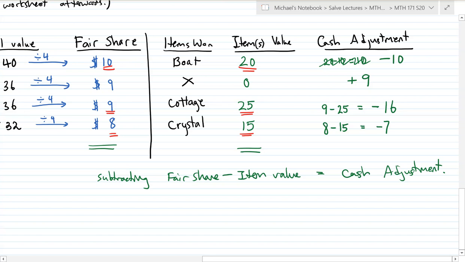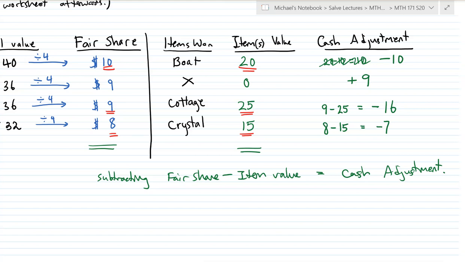But again, I caution against just thinking of everything in terms of formula. Just really think about what we're doing with this cash number. We have some value from the items, and we need to pay for the items that we get. You can think of this as sort of paying for the item that you're getting. And so Hannah has to pay 10,000, Leah pays 16, Aze pays 7. And then we compensated Michael for not getting any items by just giving him some cash.